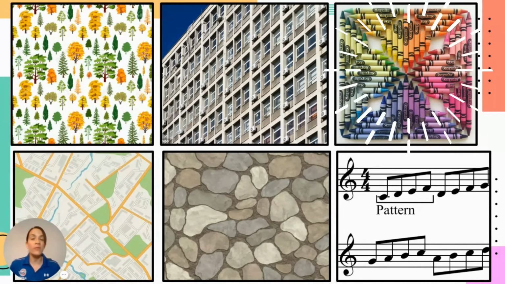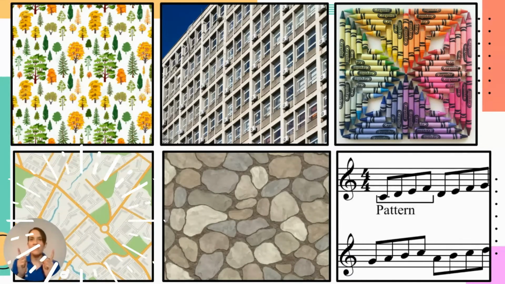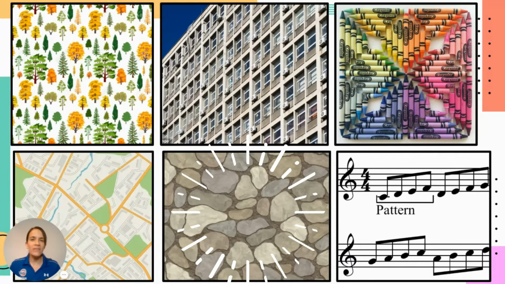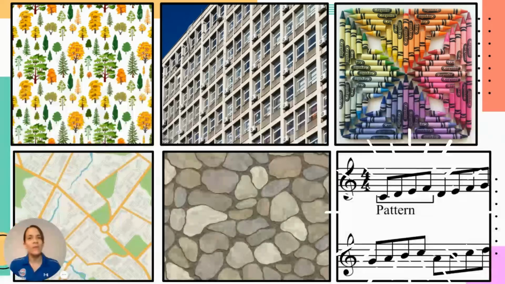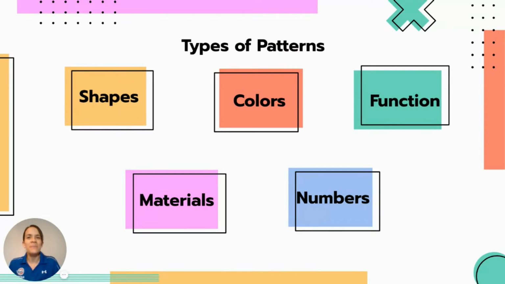Or a pattern made of crayons with the size and color. Or maps. Maps can also be a very cool example of how you can see a pattern from up above. Or how about rocks? Rocks can also make a pattern, and even music. Remember how we learned last class that music and sound can make a pattern? Yeah. Now, let's move on.